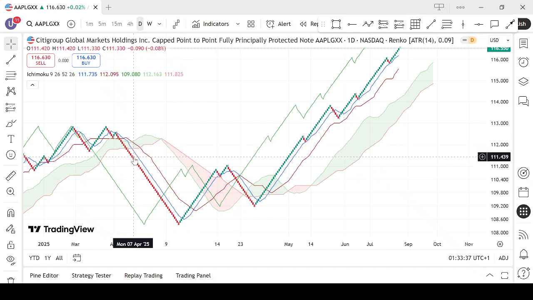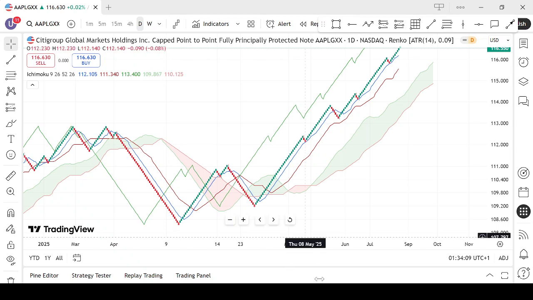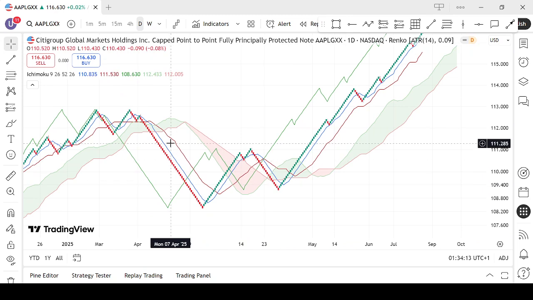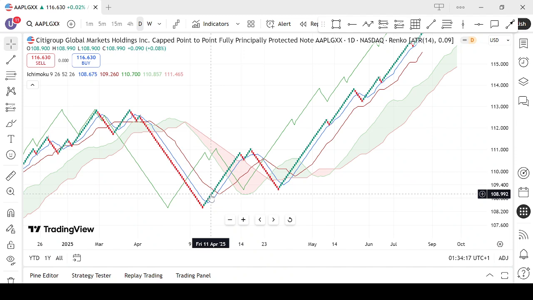The second is that you must see red Renko bricks forming, and you can see the red Renko bricks forming here. The last criterion is that the lagging span is positioned below the cloud, and as you can see, it is. So these are the criteria for a sell setup.